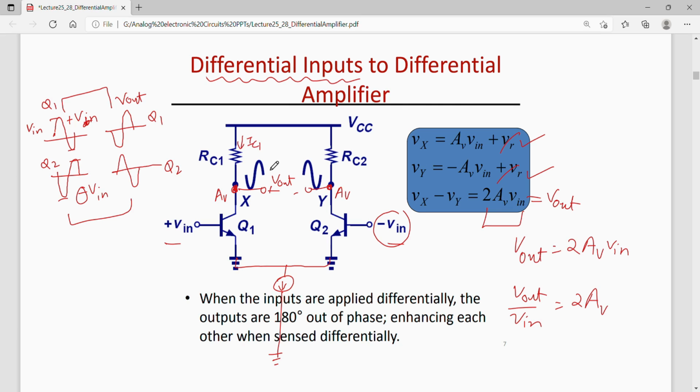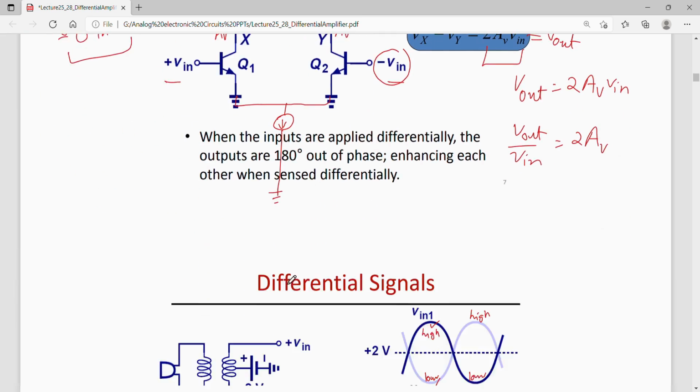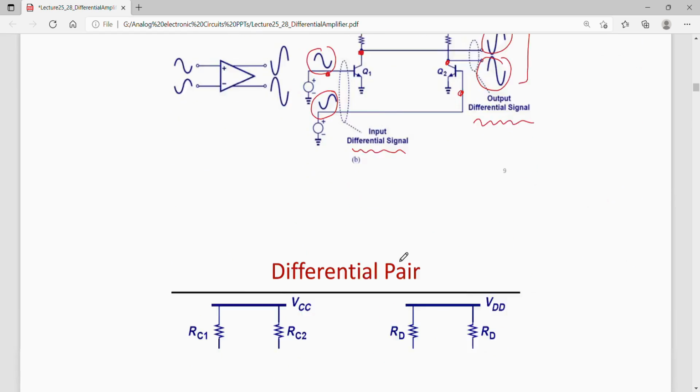Now the collector current is set by the tail current, so the bias point is more stable, because the bias point no longer depends upon VBE. Similarly, one can make this circuit stable by attaching a tail current at the bottom here, for example.